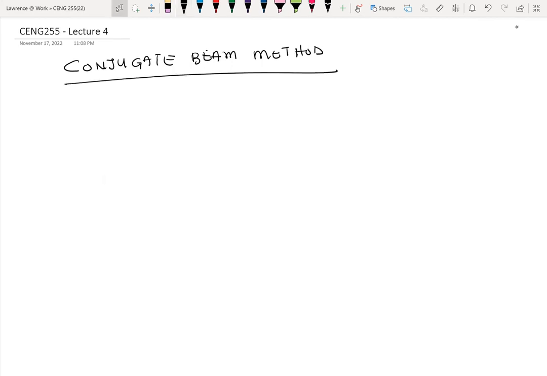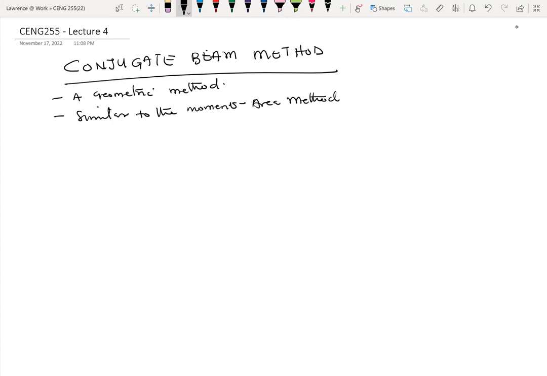So it is a geometric method, similar to the moment area method. Okay, because they are similar, it requires the same amount of computation.